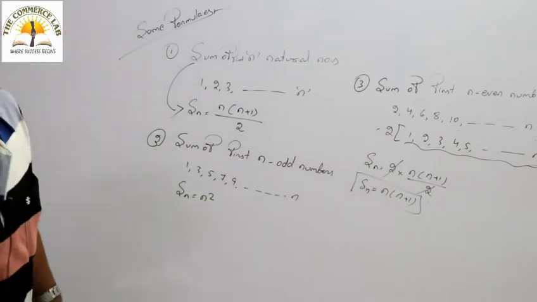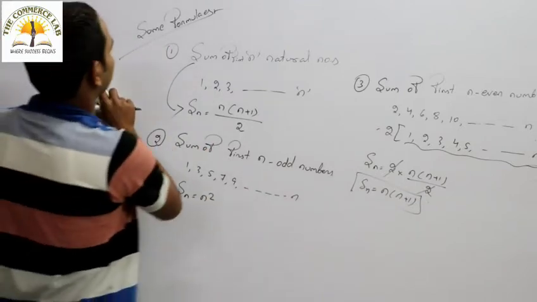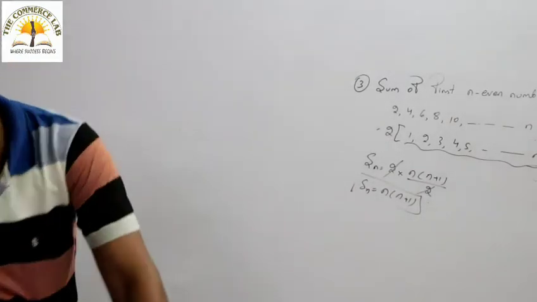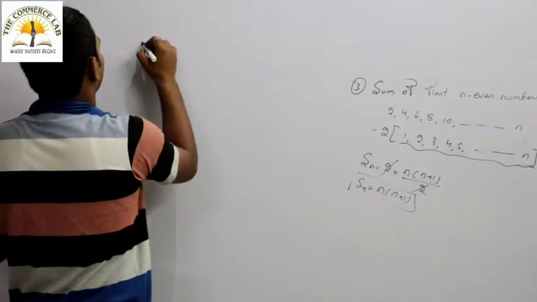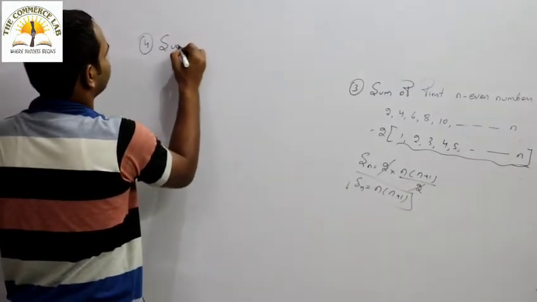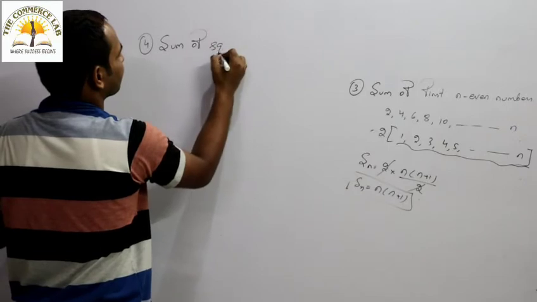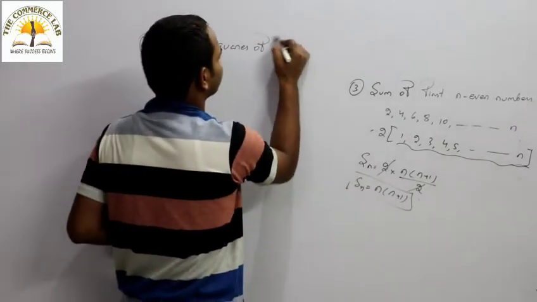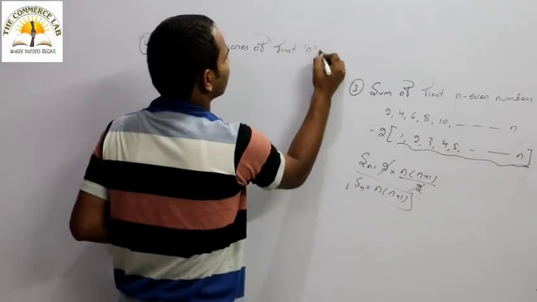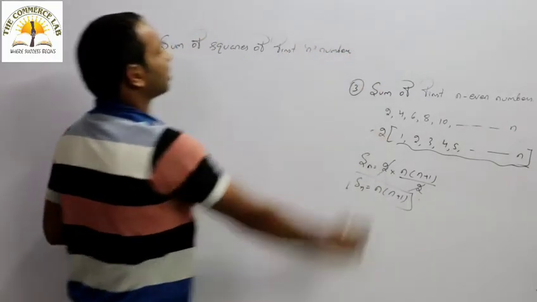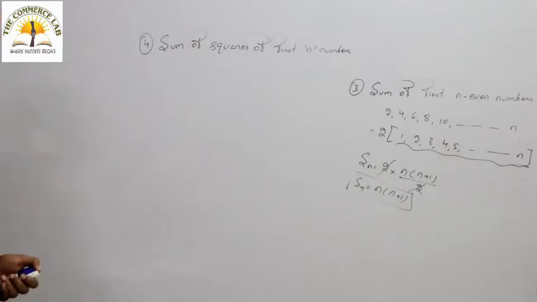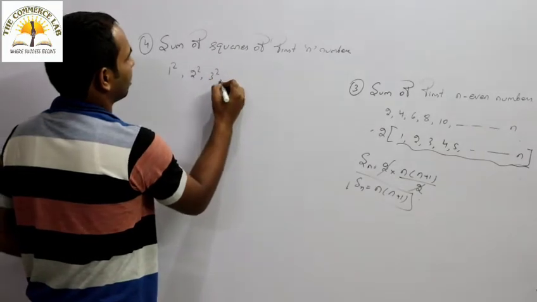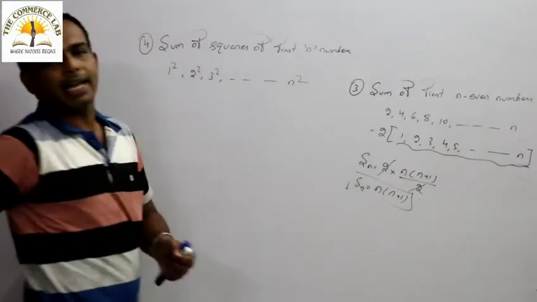Okay, then sum of squares of first n numbers. Sum of squares of first n numbers: 1 square, 2 square, 3 square up to n square.